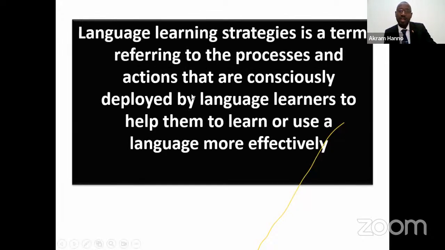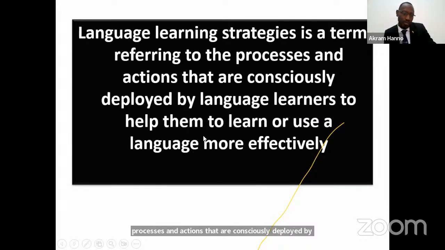Learning strategies is a term referring to the processes and actions that are consciously deployed by language learners to help them learn or use the language more effectively.